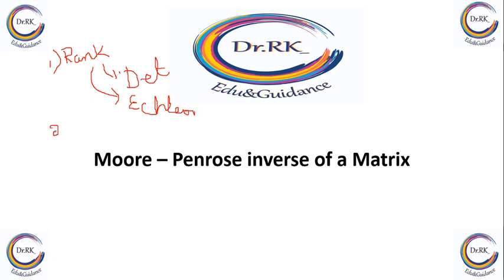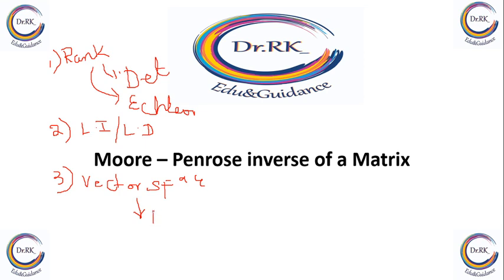So next, based on this rank, we tried to find whether the given vectors are linearly independent or linearly dependent. And third, we defined some terms like vector space, subspace, etc. Here the important concepts we need to focus on are basis as well as dimension. In terms of definitions as well as problems, it is very important to have this basis and dimension.